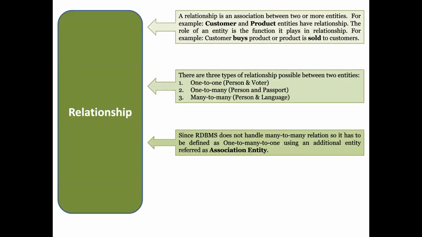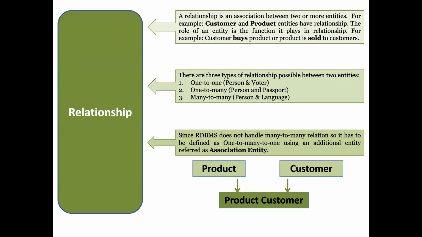Then comes the relation type. When we are dealing with the ER model, we try to identify the type of relation between two entities. There will be so many entities. When you are going to design a database, you will find hundreds of entities. But whenever you are trying to relate entities, don't take beyond two.